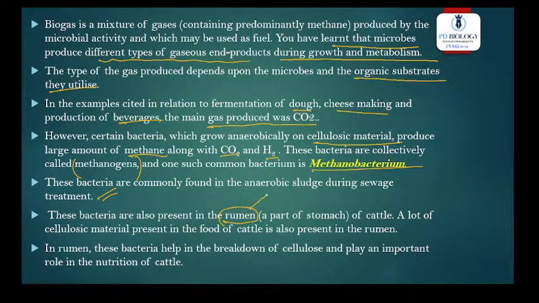It's a part of the stomach of cattle. A lot of cellulosic material present in the food of cattle is also present in the rumen. In the rumen, these bacteria help in the breakdown of cellulose and play an important role in the nutrition of cattle.